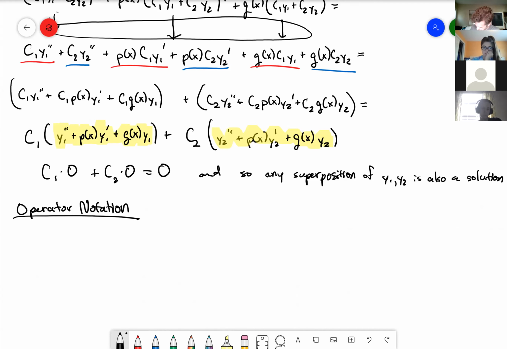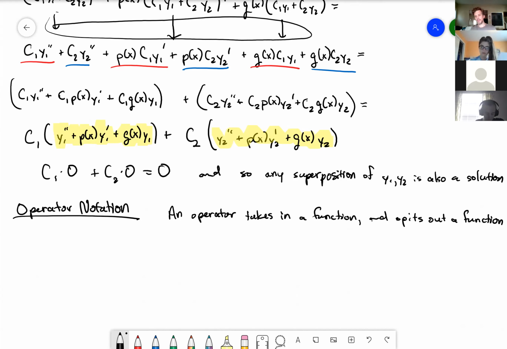Operator notation. And so an operator is really, intuitively speaking, just something that takes in a function and, forgive the evocative language, spits out a function.